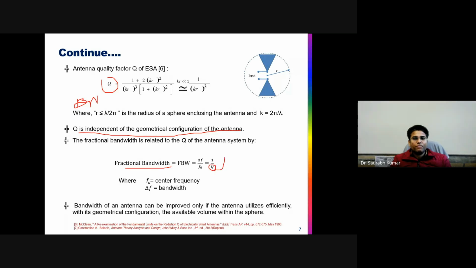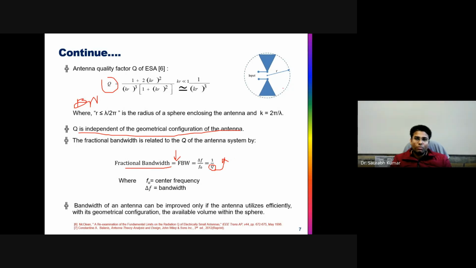So if the quality factor increases, your fractional bandwidth will also reduce. Hence each and every factor is somehow related to each other. If the quality factor increases, the antenna will lose radiation performance as well as its bandwidth.